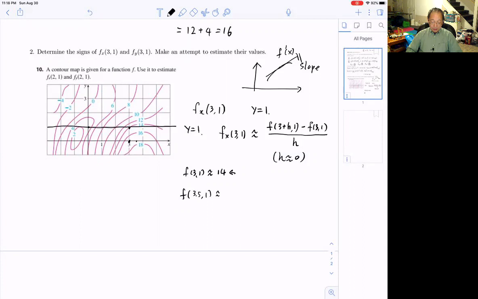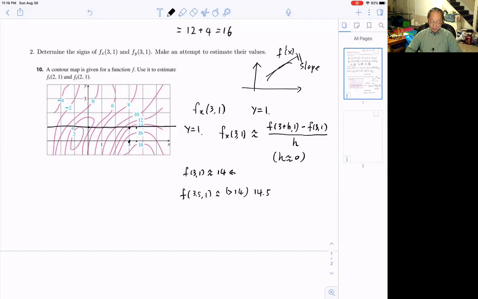Now, what is that? It's not there, but we can try to look at it over here. 3.5 and 1, so that's over here, okay? And it's going to be bigger than 14, right? Because we know the next one is going to be 15, but it's close. So maybe 14 and a half. Okay, so let's say 14.5.